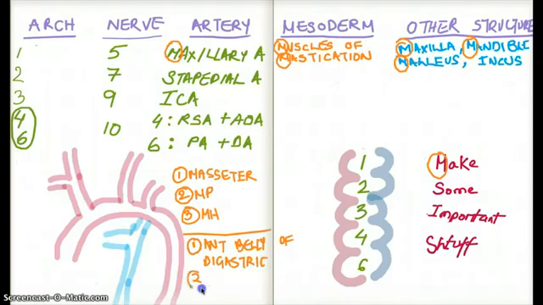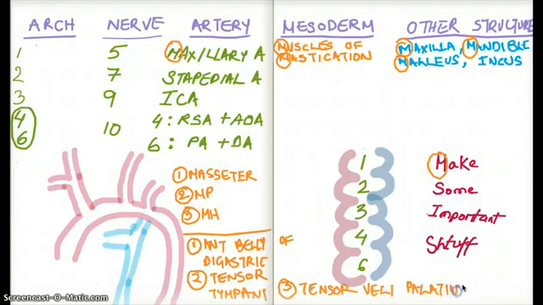And then there are the T's, which include tensor tympani, and then there is the tensor veli palatini. And last but not the least, the anterior 2/3 of tongue is also supplied by the mandibular branch of the trigeminal nerve.